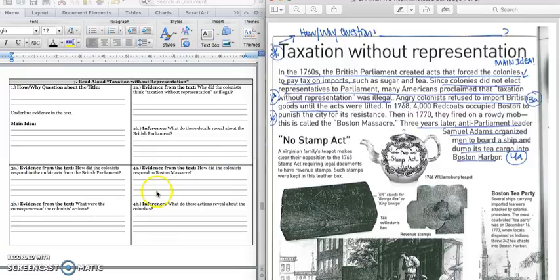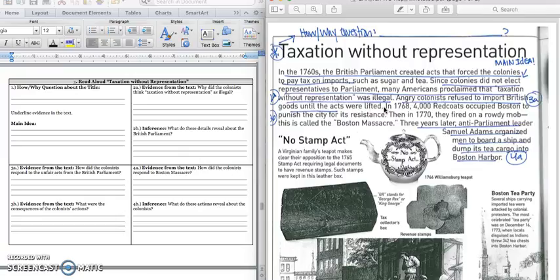It says, how did the colonists respond to the unfair acts of the British Parliament? And if we go back in our text, it says the angry colonists refused to import British goods until the acts were lifted.